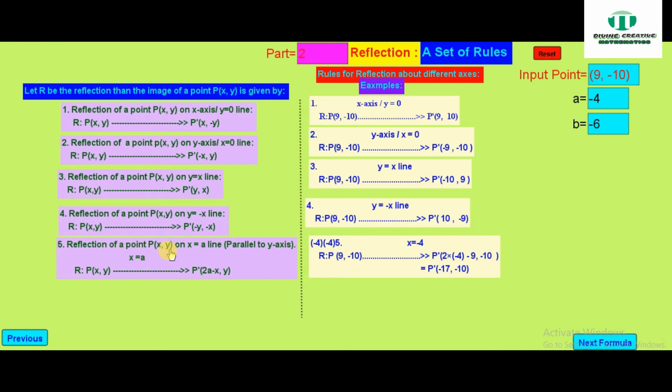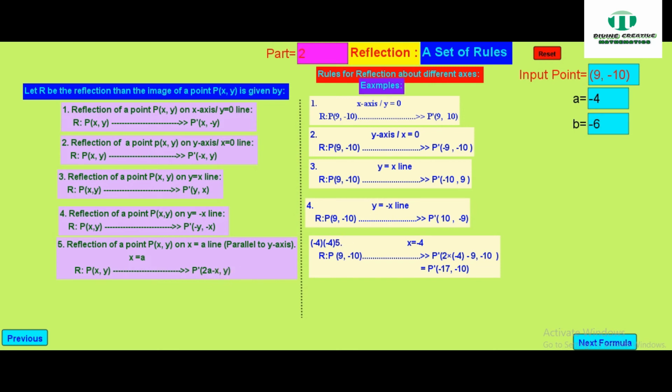Number 5, reflection of a point P(x, y) on x equals a. The line x equals a is parallel to the y-axis, so its formula is P(x, y) tends to P prime (2 times a minus x, y).